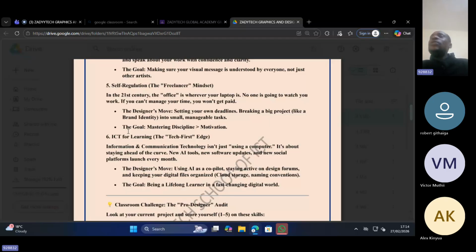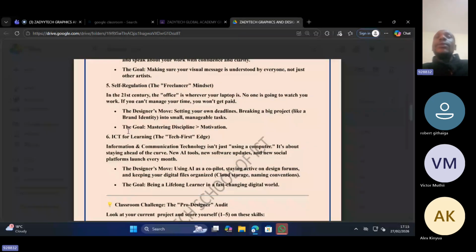Regulate your design time. Don't prolong the work, because then you start interfering with your client's time. That's not the way to go.